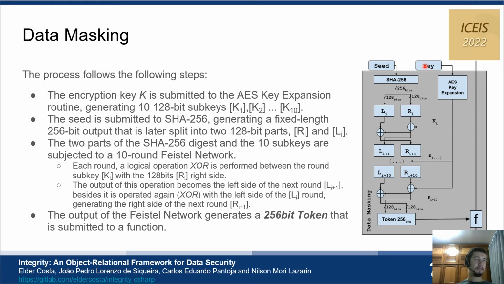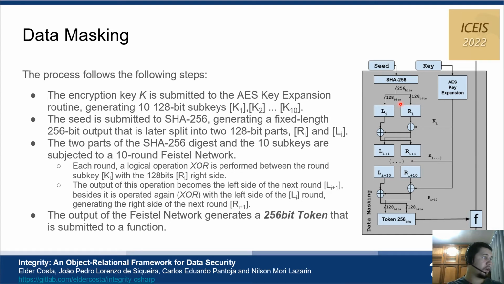So from the given key, 10 other subkeys are generated by the AES key expansion. The seed that is automatically generated is submitted to SHA-256, generating a fixed-length 256-bit output that is later split into two parts, right side and left side, both 128 bits.